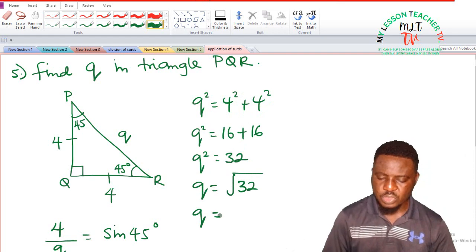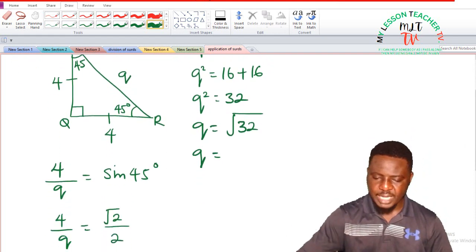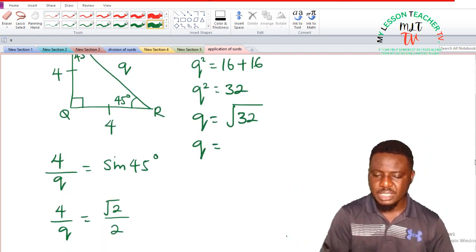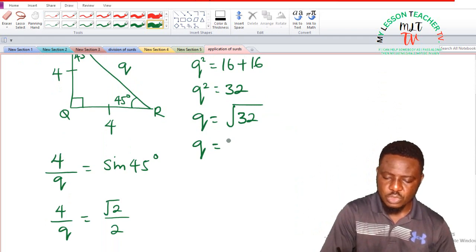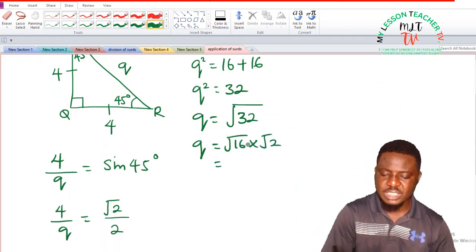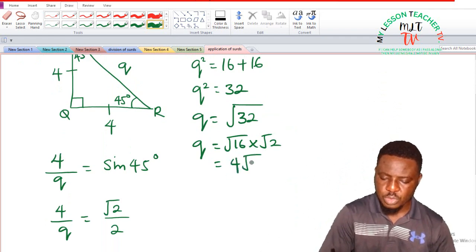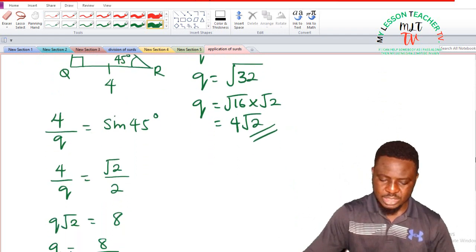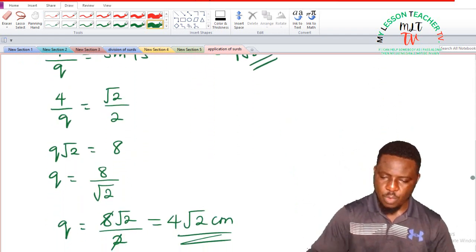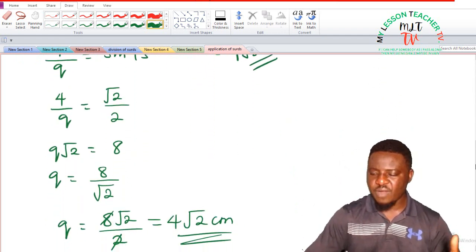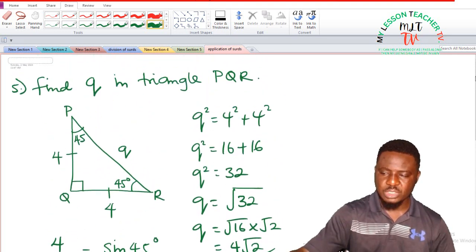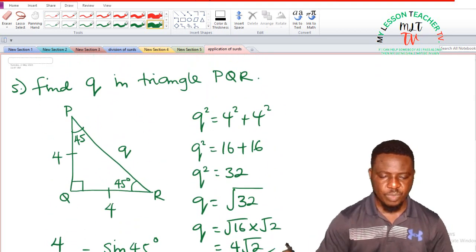But root 32 can be simplified to be root 16 times 2. And that gives us root 16 times root 2. For root 16 is a perfect square, which is said to be 4. So 4 times root 2 is said to be 4 root 2, which is the same thing as what we got here. So whichever way you take it, you still arrive at the same answer.